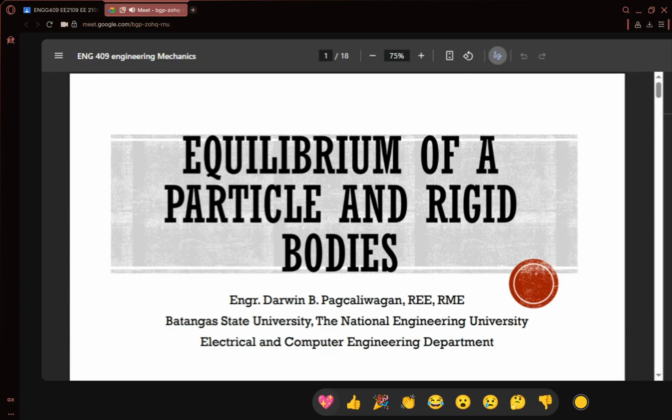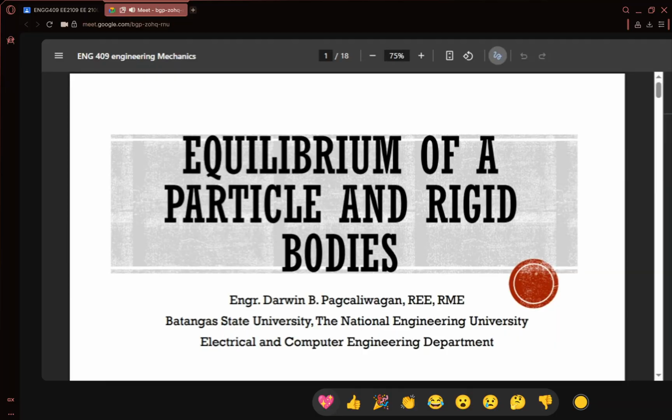So earlier, we were solving for resultant of forces. It means there's a result, like I've said before, if there is a resultant, it means it's a surplus from the equilibrium. So meaning there will be movement, and it's not really static for the rigid body. This time, we will be dealing with equilibrium of a particle and rigid bodies.